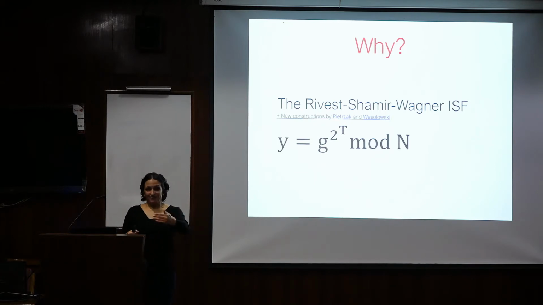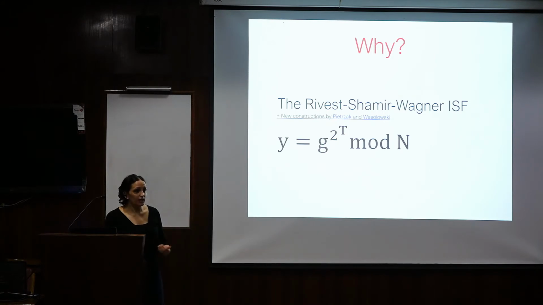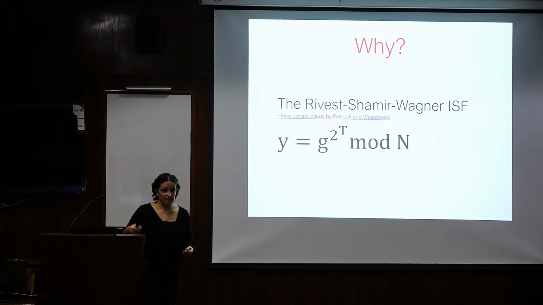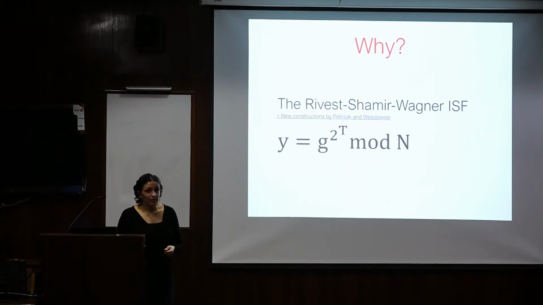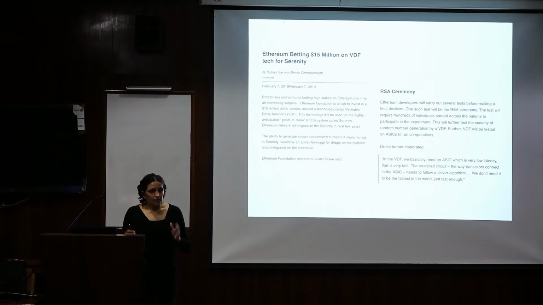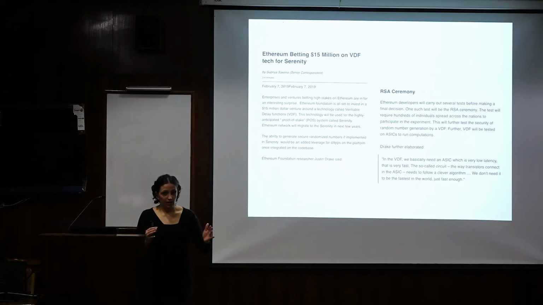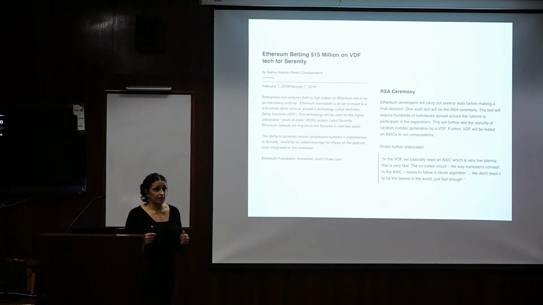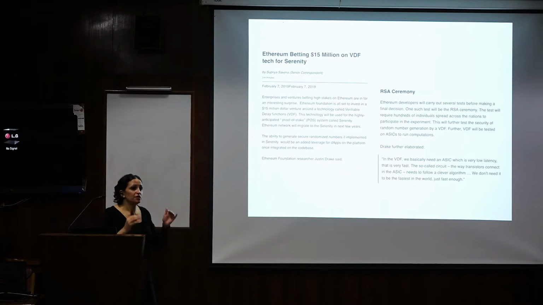And there have been follow-ups recently by Pietrzak and Wesolowski showing how to actually verify this function publicly. So this function is called a VDF, verifiable delay function, where computing it takes a certain amount of time and verifying the outcome is presumably faster. And they have attracted a lot of attention recently due to many potential applications over the blockchain.